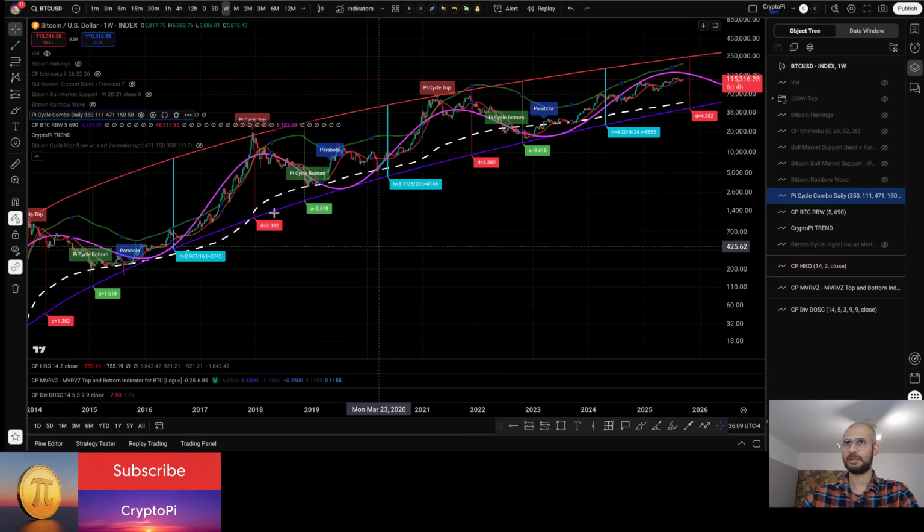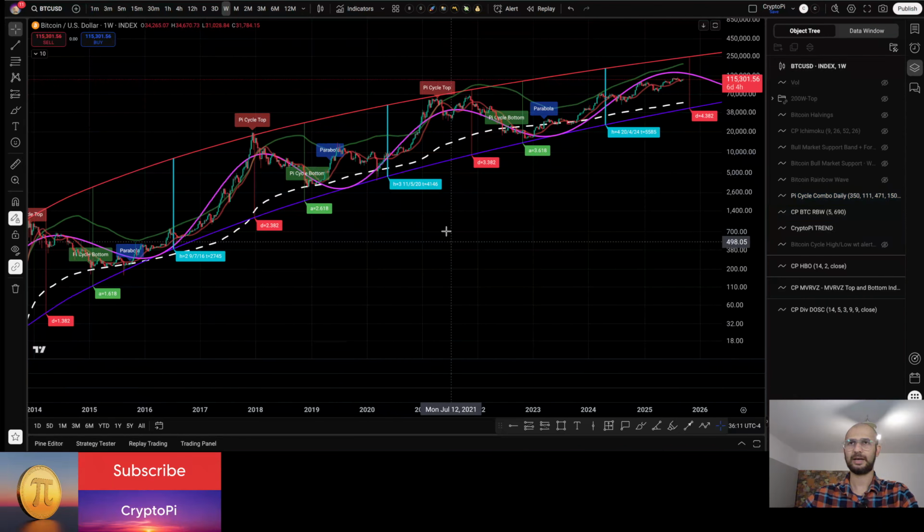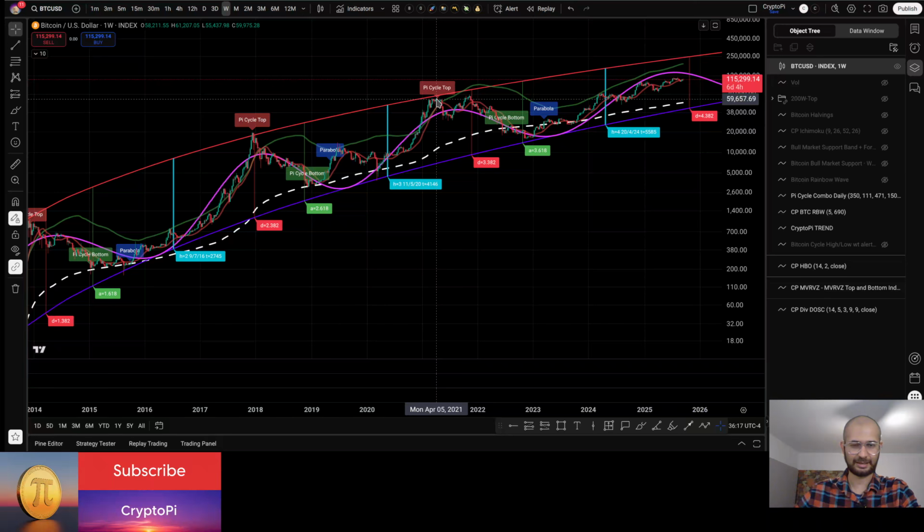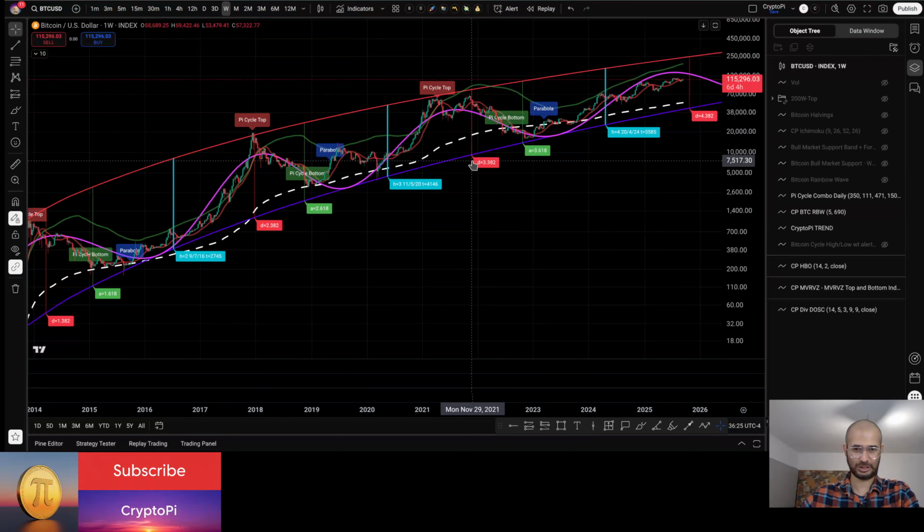And what happened in this case was, you see that BuyCycle indicator showed us that this was the cycle top. However, the price was very far away from the distribution line. So price did see a pullback, it did come down, but it was not the end of the rally.